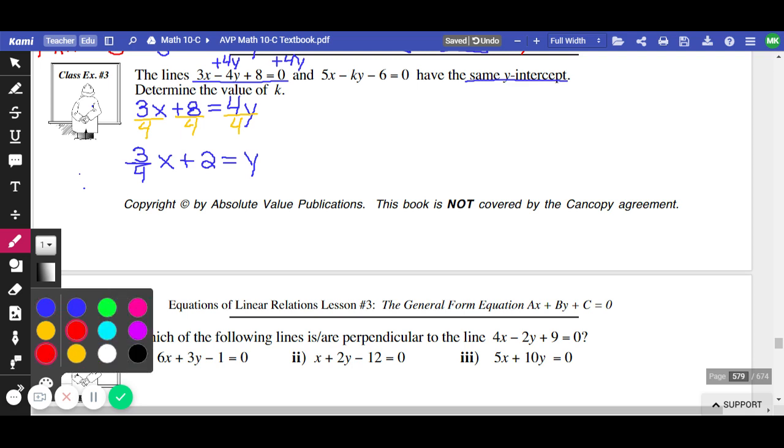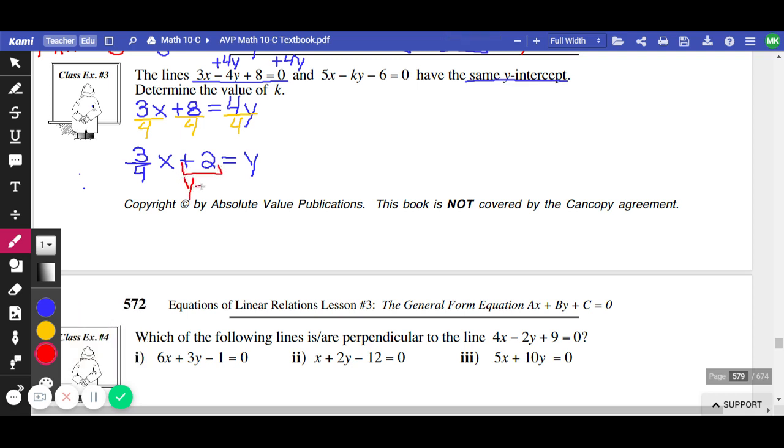What's my y-intercept of this blue line? It's 2, right? The b value. That's my y-intercept. If they have the same y-intercept, that means I should be able to take this other equation, change it into slope-intercept form, and it should have the same b value, same y-intercept.